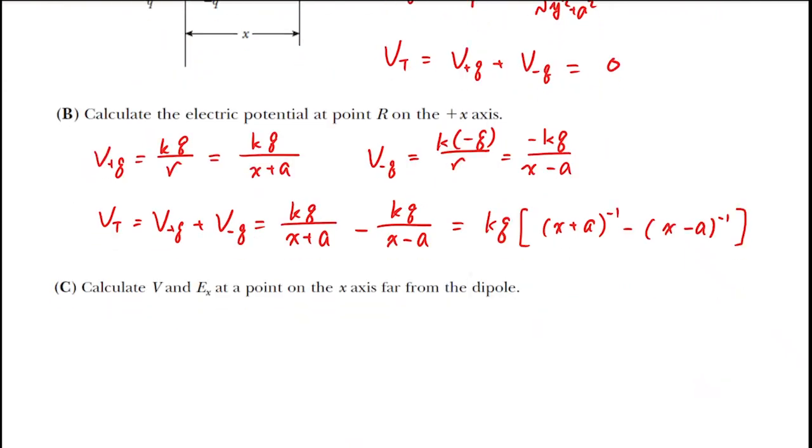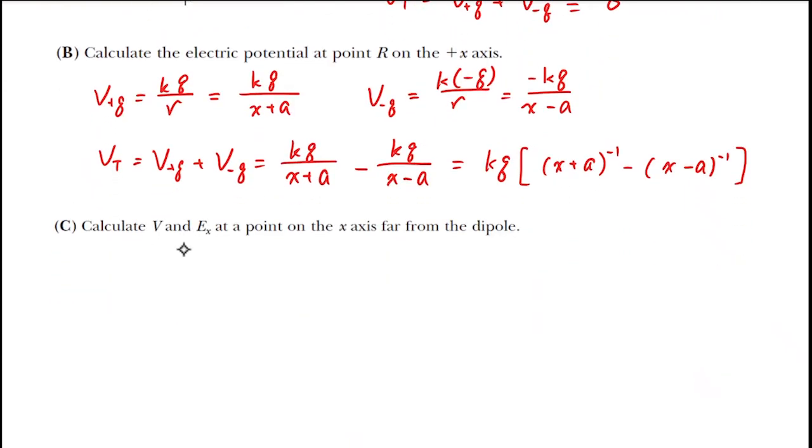Now we want to find the electric field in the x direction. In the other directions it'll be 0, but they don't want to make you do the gradient and all that crazy stuff. So they just ask for the electric field in the x direction, which is the partial derivative with respect to x of your total potential.